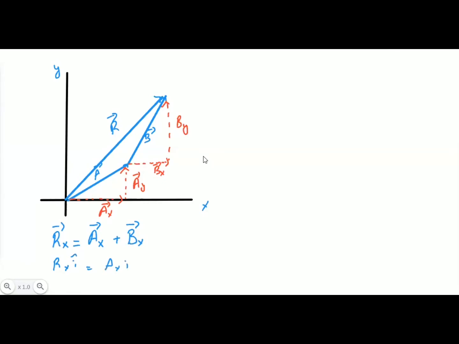So the second equation will be in terms of the magnitude. So we have written the equation for the x component.